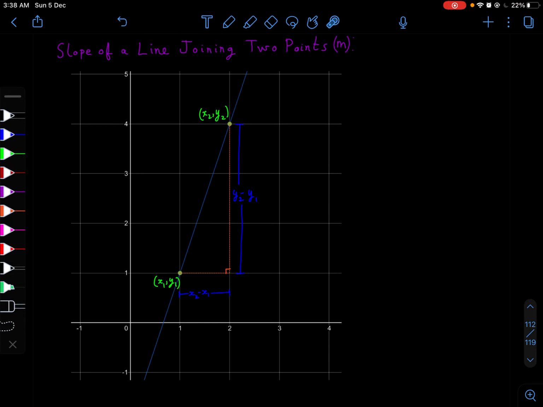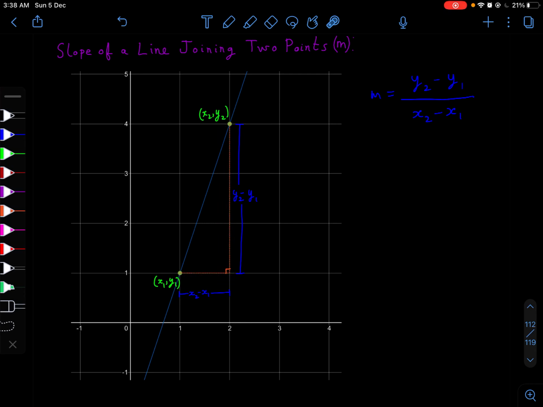So first of all, we know that the slope of a line joining 2 points, let's just call that m, is given by the formula m is equal to y2 minus y1, the whole thing divided by x2 minus x1, if the points on the line are x1 comma y1 and x2 comma y2. Then this is basically nothing but the rise divided by the run, rise over run.